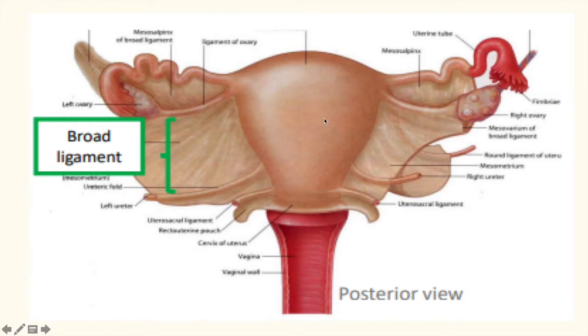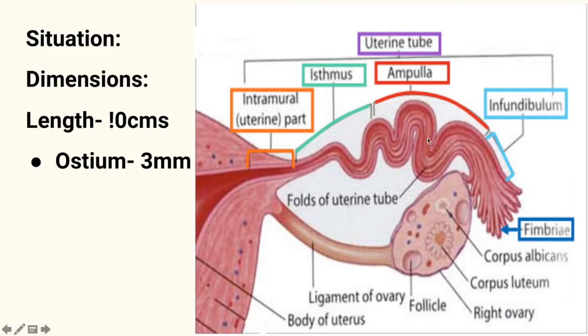This is the broad ligament, a peritoneal fold which covers the entire uterus and the fallopian tube. This is from the posterior aspect of the uterus. It covers the body and fundus of the uterus, and here it covers the fallopian tube. So the situation is, it is located in the upper free margin of the broad ligament.